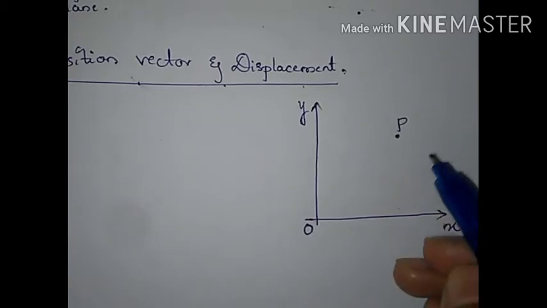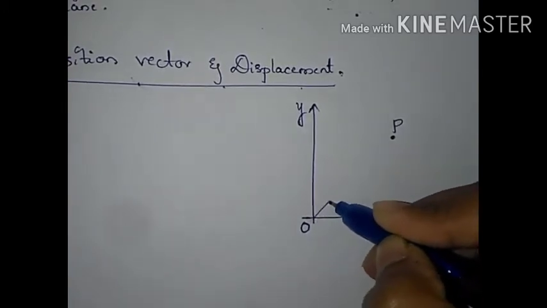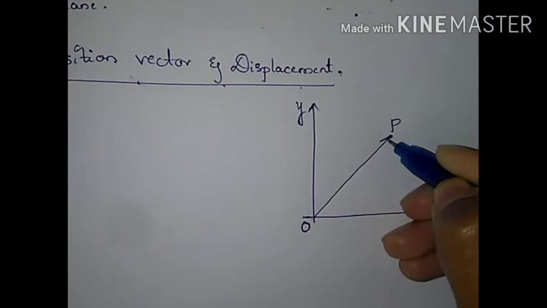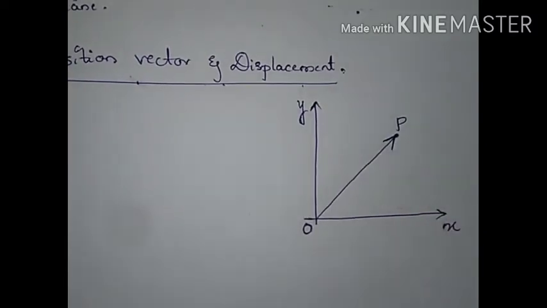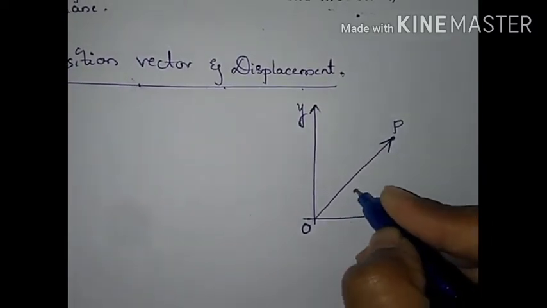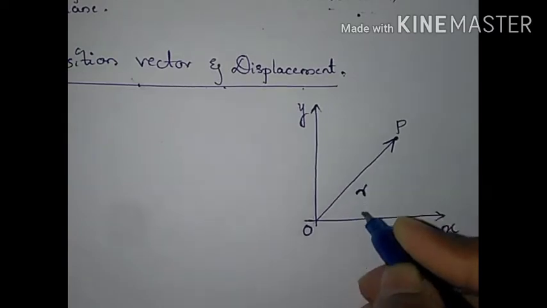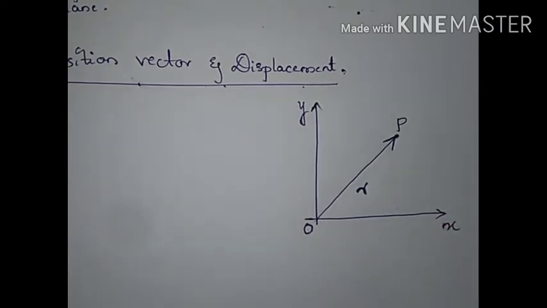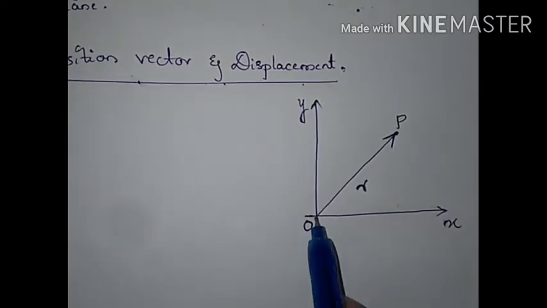Now you have to draw the position vector to this point. So this vector is the position vector and it is denoted by r. So this is with reference to the origin.